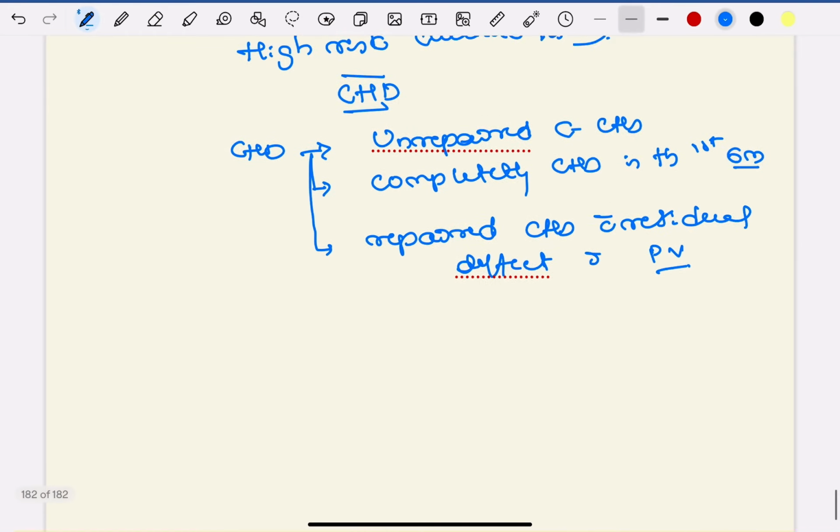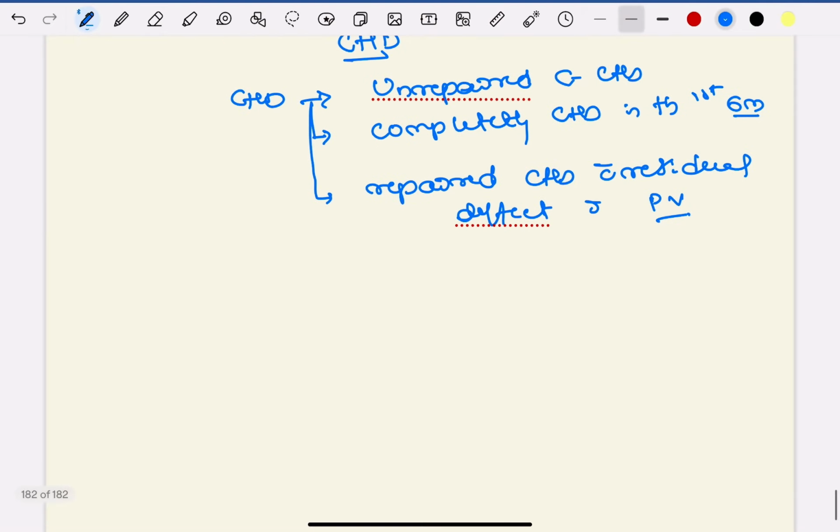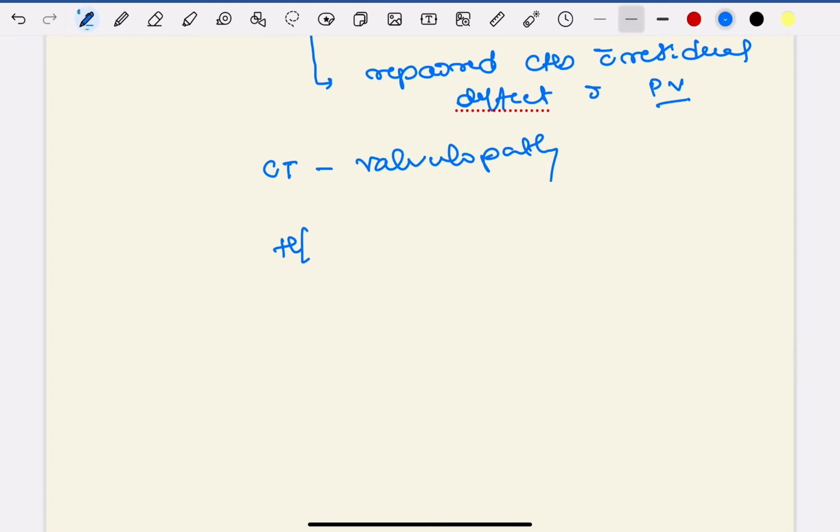This is about congenital heart disease prophylaxis. Before moving on, I would like to mention one more C, which stands for cardiac transplantation, post cardiac transplantation valvulopathy. And H stands for history of infective endocarditis, previous history.